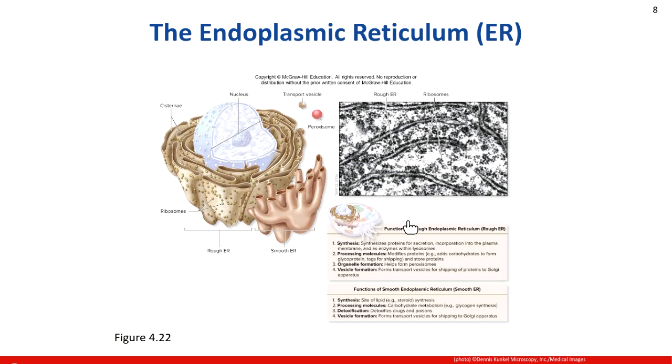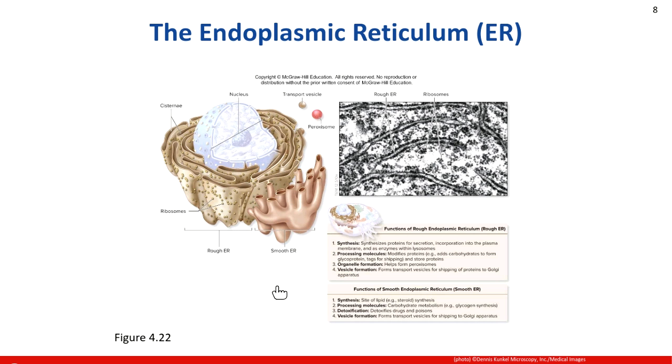The other type of endoplasmic reticulum is our smooth endoplasmic reticulum. Smooth endoplasmic reticulum is found in organs that detoxify drugs, like your liver, for example. It detoxifies drugs, alcohols, and certain poisons that you might take in, so it pretty much is like a filtering center. At the same time, while it's detoxifying, it also is able to make certain steroids.